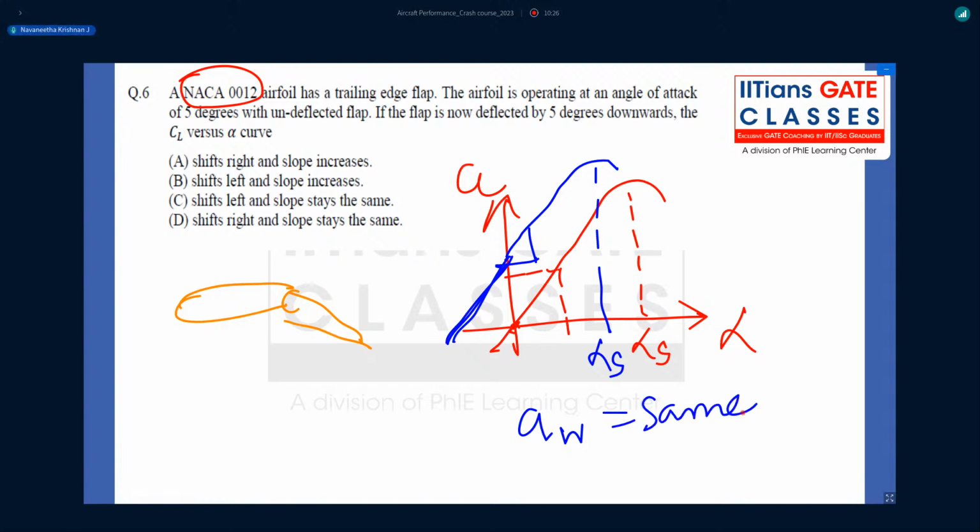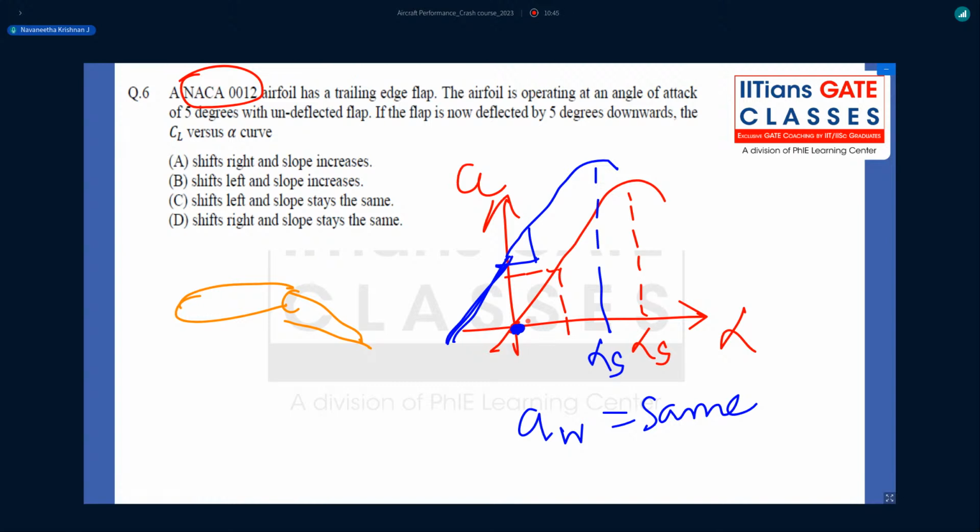Lift curve slope remains same, but the curve shifts towards the left, and the lift at zero angle of attack is zero. That is, CL at zero angle of attack is zero when the flap is undeflected.